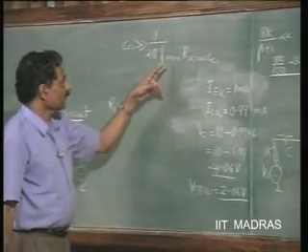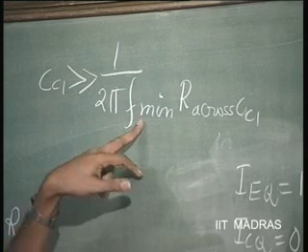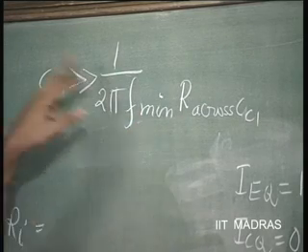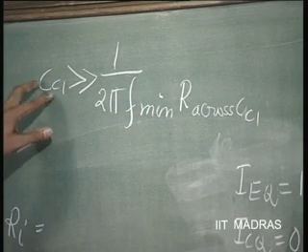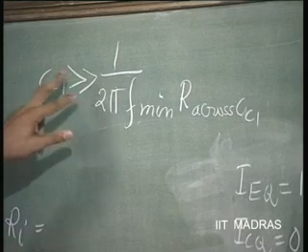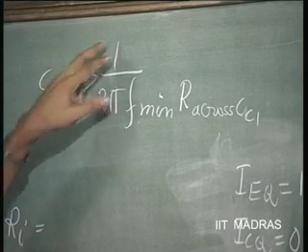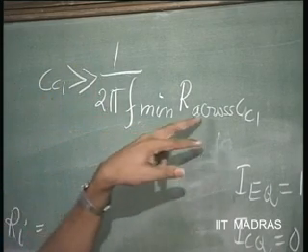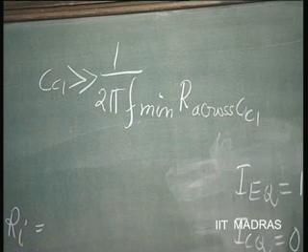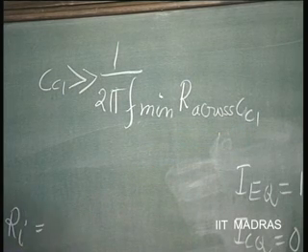So, under the minimum frequency of interest, the capacitors should be so chosen that it is much greater than 1 over 2 pi f min times the resistance across CC1. That is done, it is a short circuit.